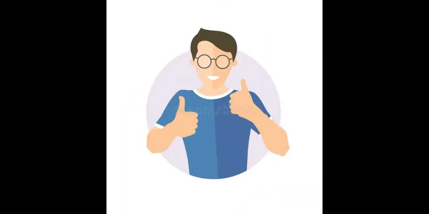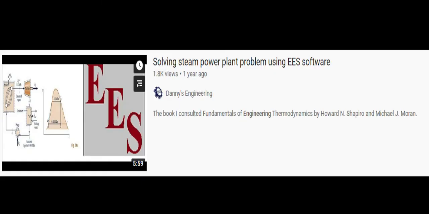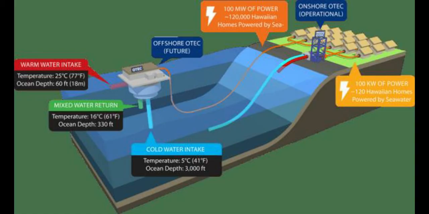Well, in today's video we will again be doing question solving on the EES software. In the previous EES video, I solved a steam power plant problem, and in today's video I will be solving a problem related to ocean thermal energy conversion, also known as OTEC.